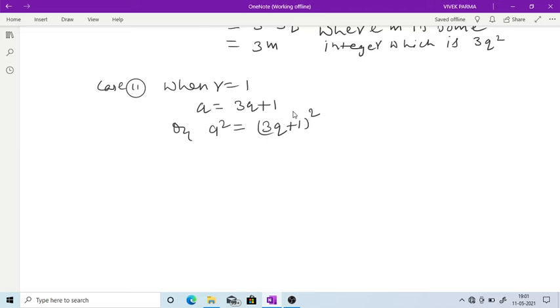Expanding this expression, a plus b the whole square, we have 9q square plus 6q plus 1.